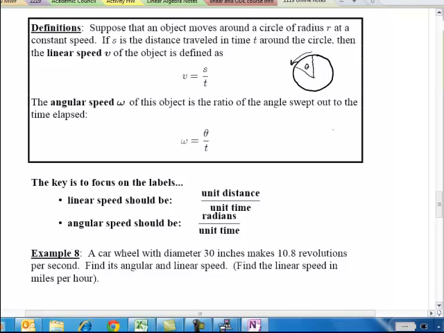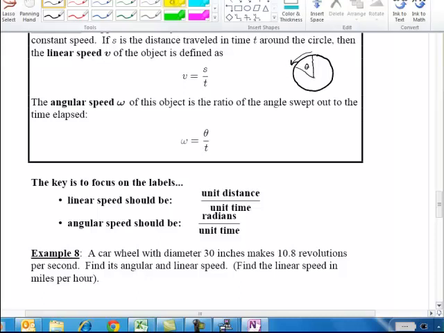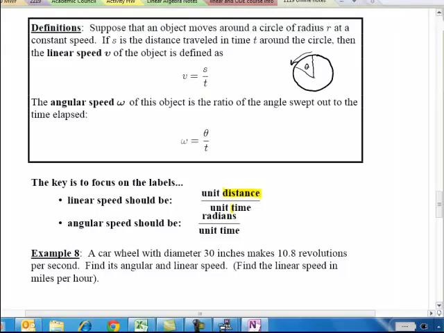What you want to focus on is the units in each one, or the labels in each one. If you're talking about linear speed, you're actually tracking the distance that's moved per time. But if you're looking at angular speed, you want radians per unit time, or sometimes you would want degrees per unit of time.